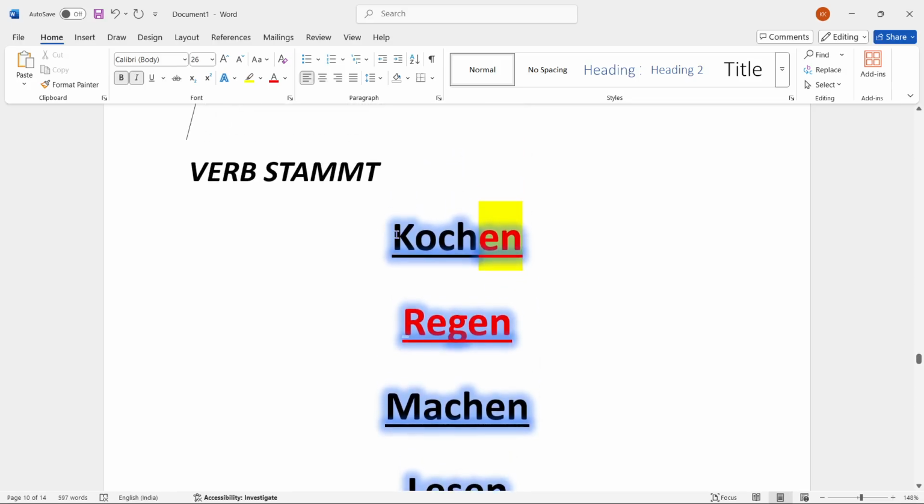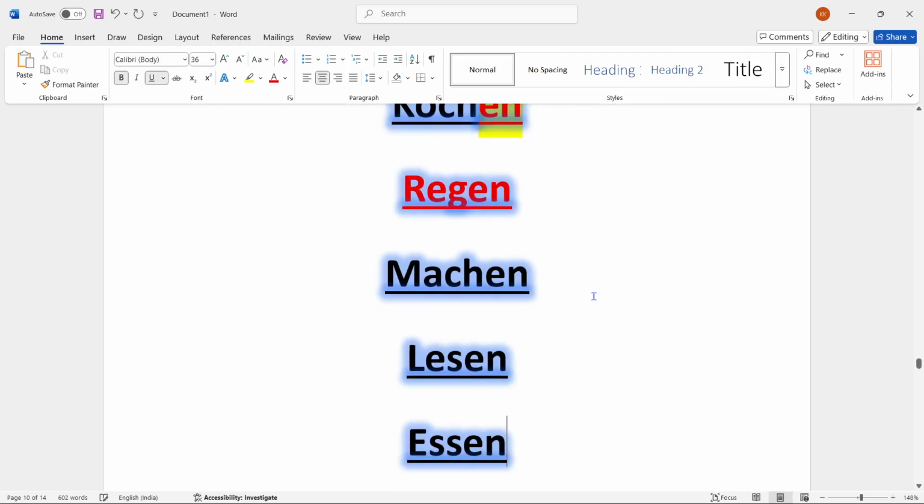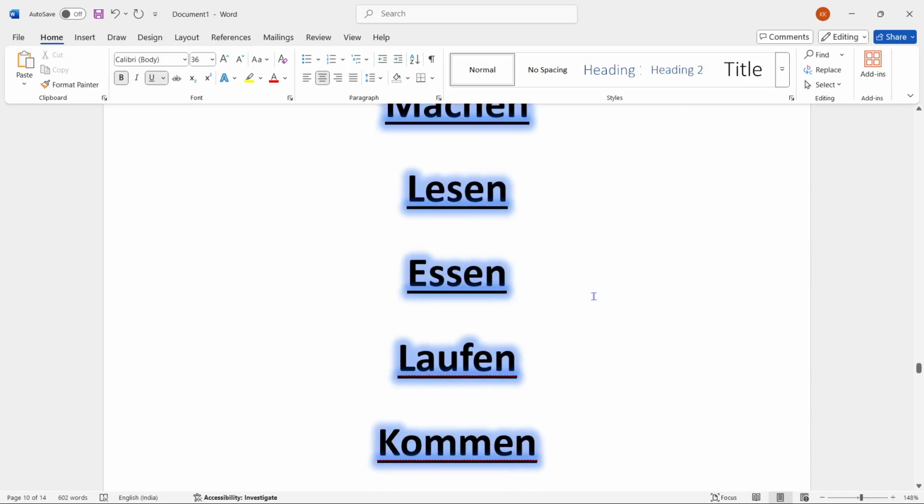It means full verbs. We can say full verbs, or you can say infinitive Verben. Okay. Kochen, regnen, machen, lesen, essen, laufen, kommen.